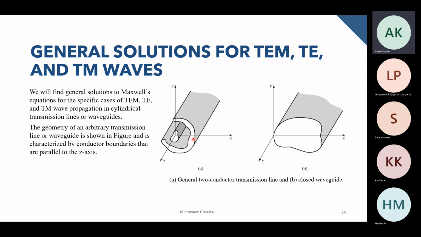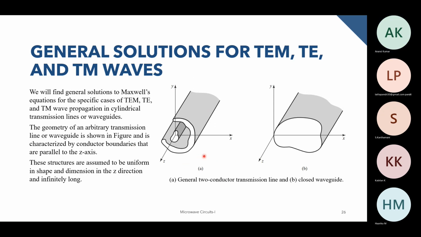But for our formulations, we'll take the symmetric cases so that it does not complicate the equations much. These structures are assumed to have a uniform cross section throughout and to be infinitely long, extending to infinity in the z direction.